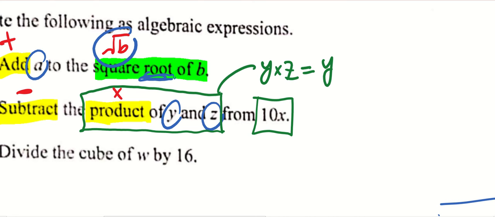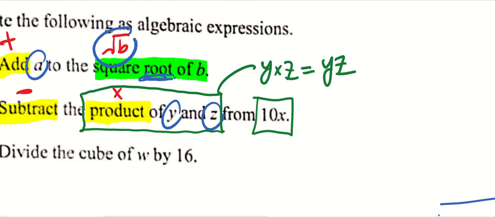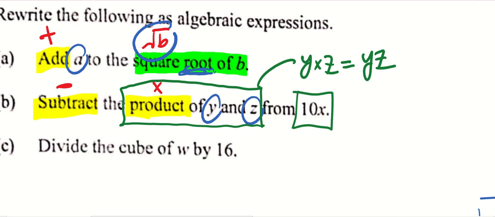So y times z is simply yz. So what are we subtracting? We're subtracting yz, which is this big green box, from 10x. This is when you need to remember what this word from means.